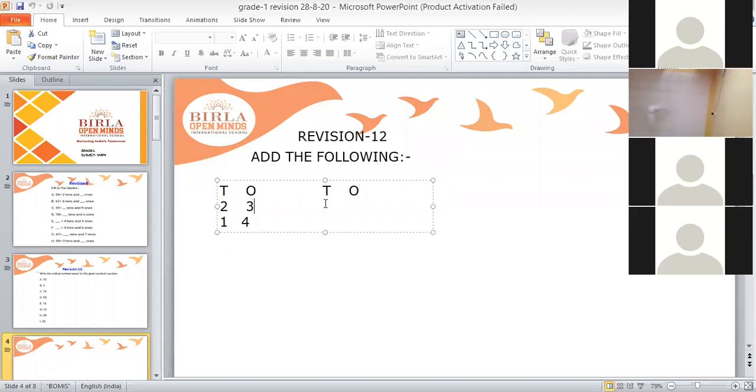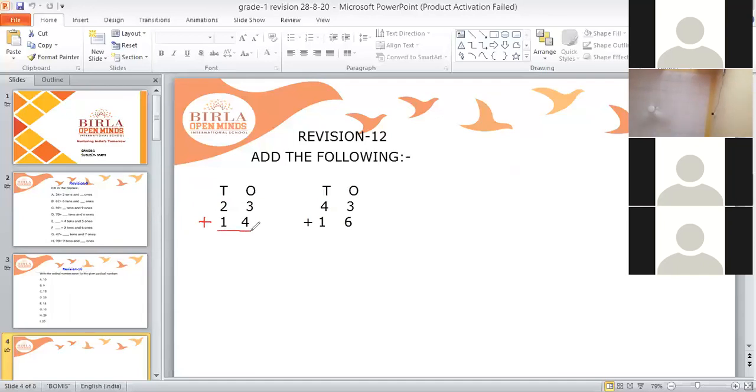Now next, 43 plus 16. And here also you have to put the plus symbol.